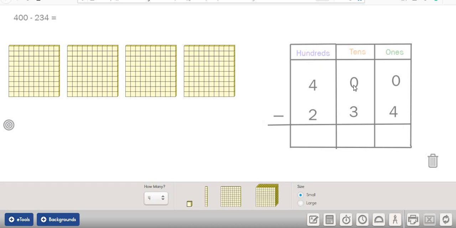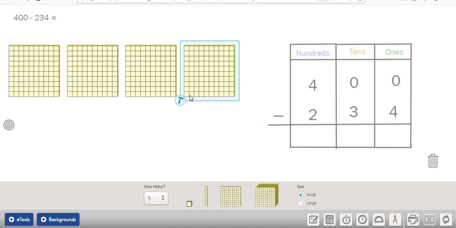And we don't have tens if we need to regroup. But we have hundreds. So we can regroup hundreds to tens. We cannot regroup hundreds to ones in one step. Always we have to regroup 100 as 10 tens, and then regroup 10 tens as 10 ones.